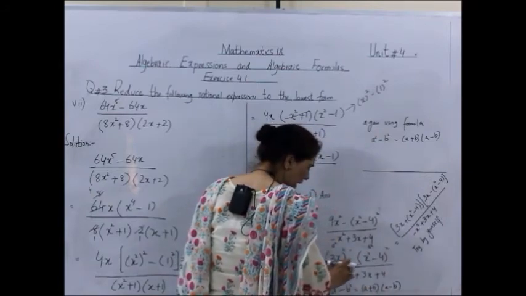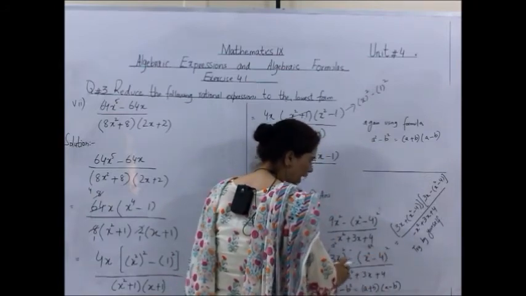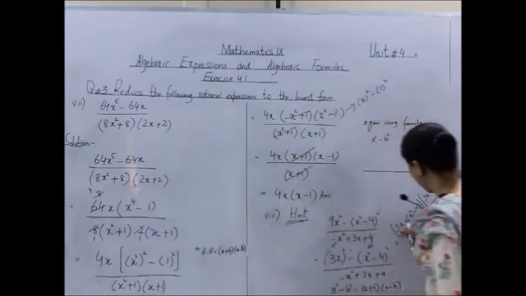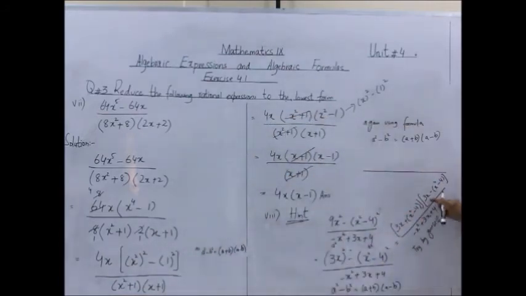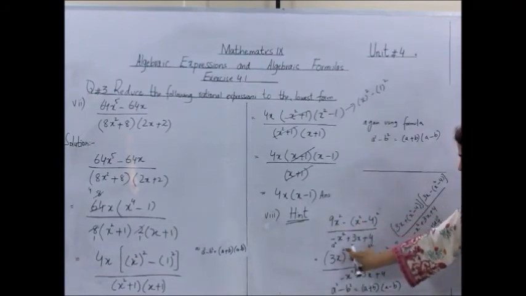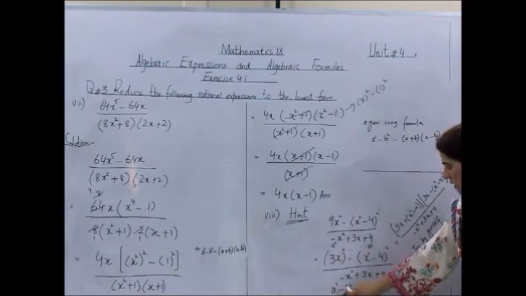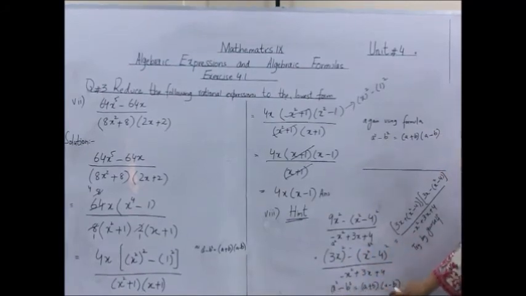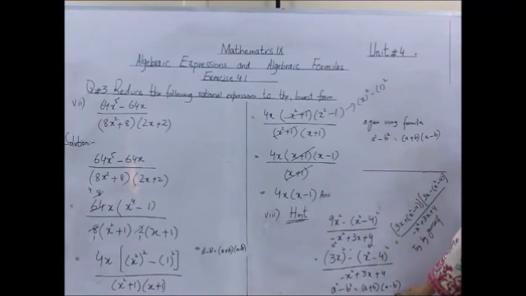This is a, this is b. a plus b, a minus b, and the denominator will remain as it is. Now you will open this, cancel out and solve it. The next steps are quite easy. Just the hint: take 9x² as (3x)² and apply a² minus b², (a plus b)(a minus b), as the formula.